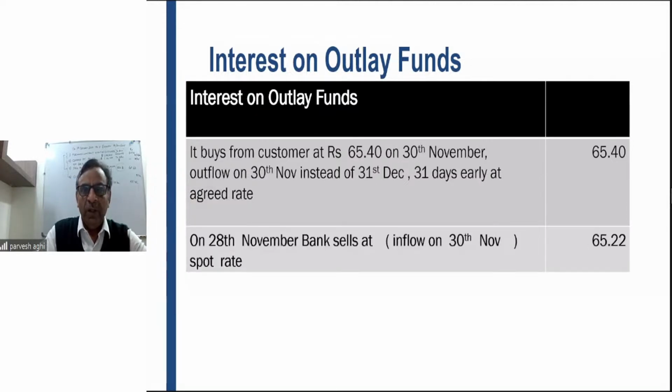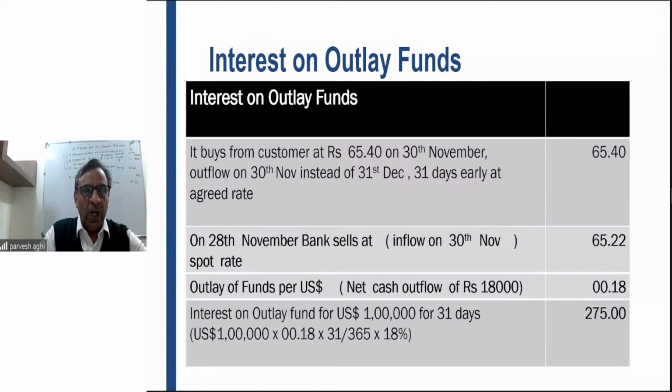But at the same time, the bank has also sold. So this was the first outflow. So on 28th of November, the bank sells. So there is now an inflow which is happening on 30th of November, which is 65.22. So they dispose of these dollars because the dollars were received on 30th November. So that means the outlay of funds would be to the tune of 0.18.